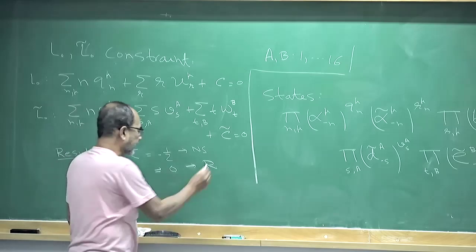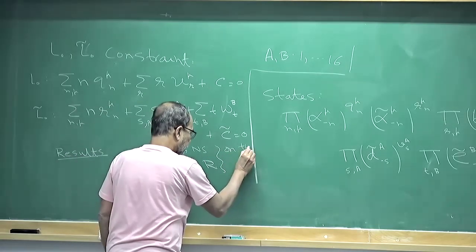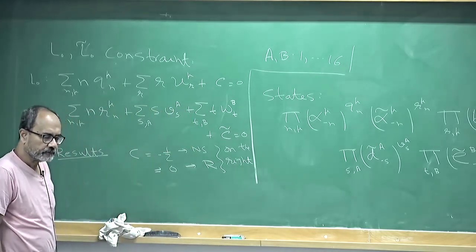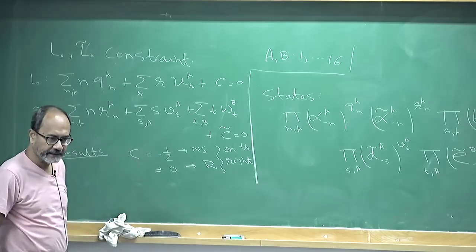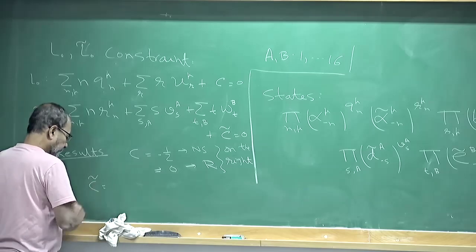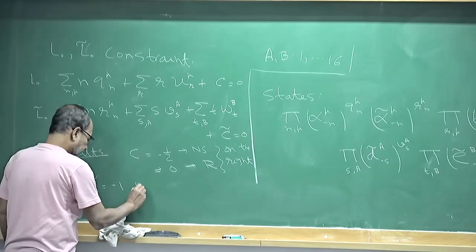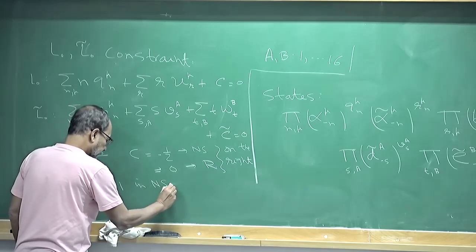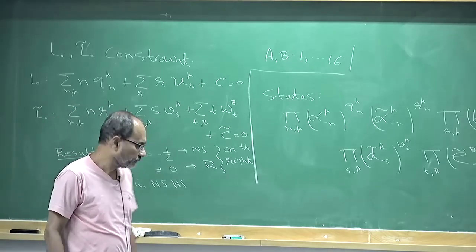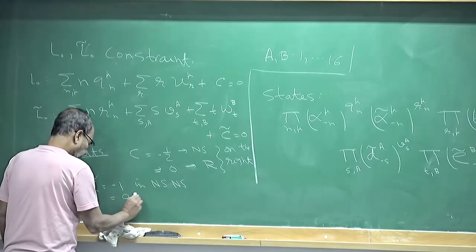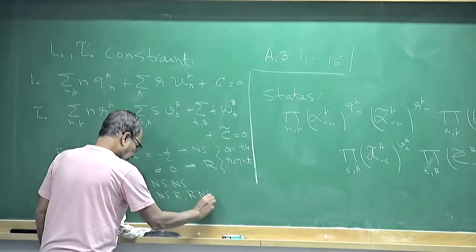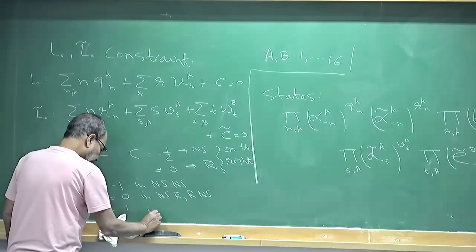Okay, this is on the left; now on the right, because this is the right sector, L0 tilde. C tilde is minus 1 in NS. This is 0 in NSR and RNS, and it's 1 in RR.